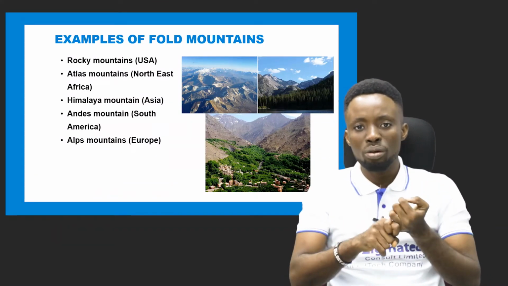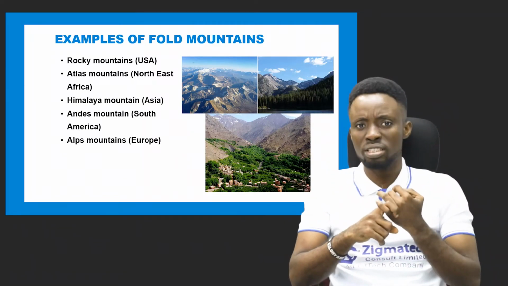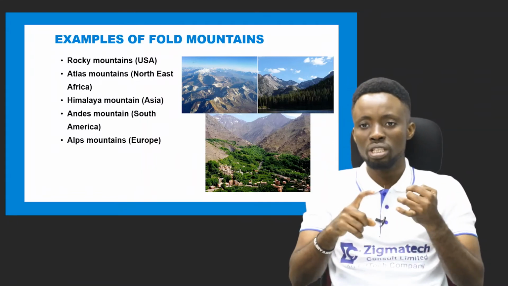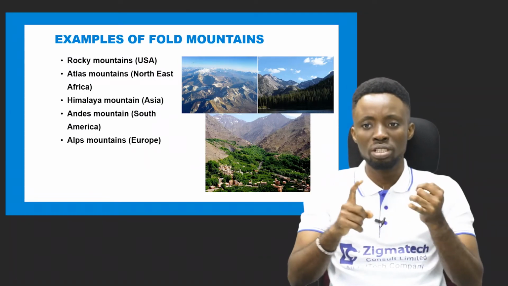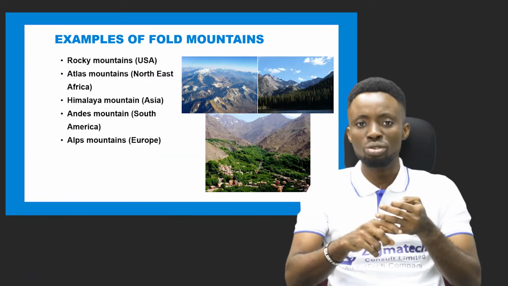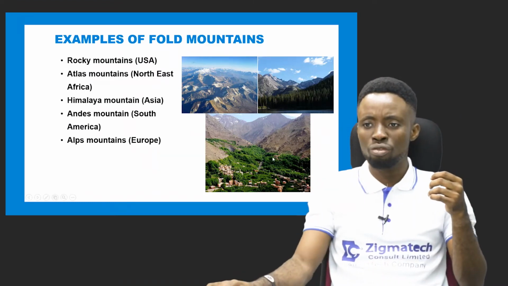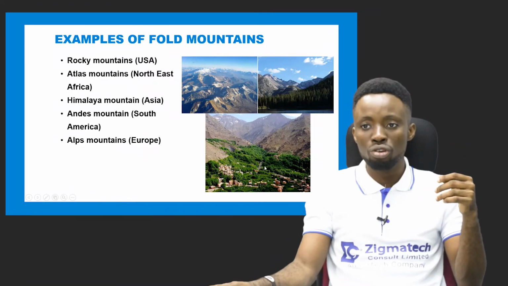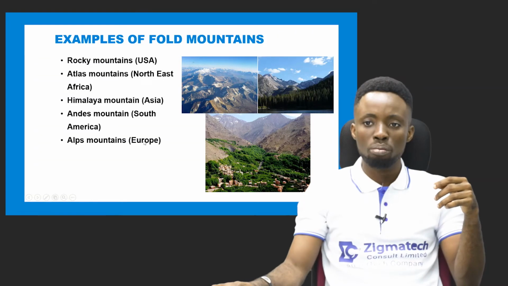The Himalayan mountain in Asia, which contains Mount Everest, is also an example of a fold mountain. The Andes Mountain in the southern part of America is a fold mountain, and the Alps Mountain in Europe is also a fold mountain. So this is a typical example of what the Atlas Mountain looks like in Tibet, somewhere in Morocco. And these are other examples of fold mountains.